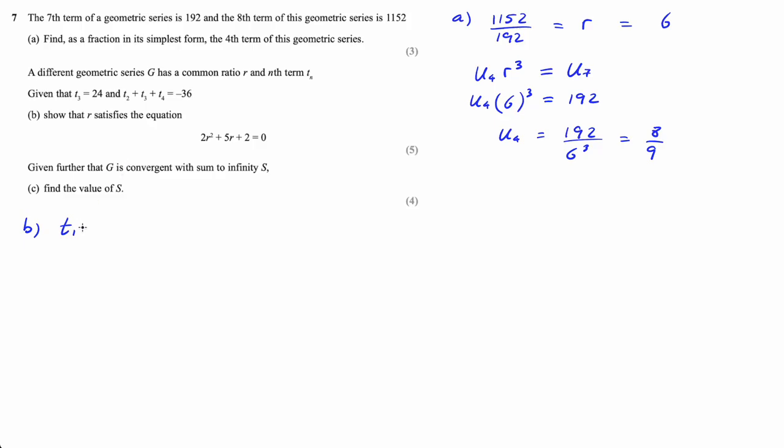T1 times r gives me T2, and T1 times r squared gives me T3, which is 24. Okay, so I can kind of write everything in terms of T3.